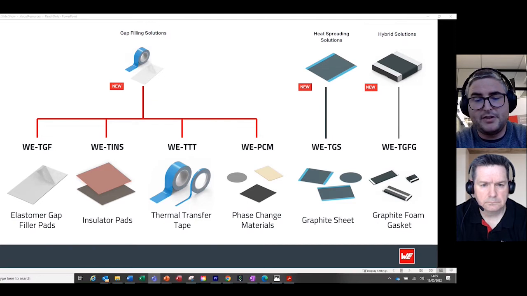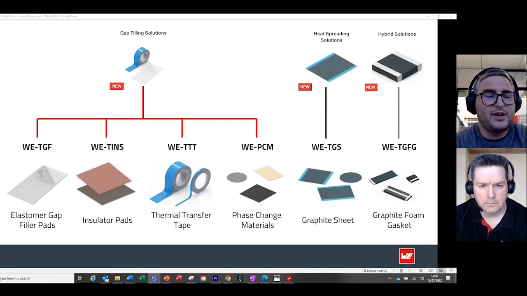Thermal performance of these materials is always very application dependent. This is something I always like to bring up: each application is more or less its own. There is no universal solution, and this is why thermal management is a system, because you have to test it, prototype it, and then evaluate it to ensure that you really have the most optimal solution.